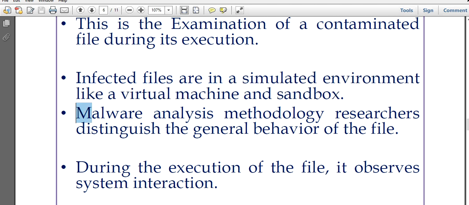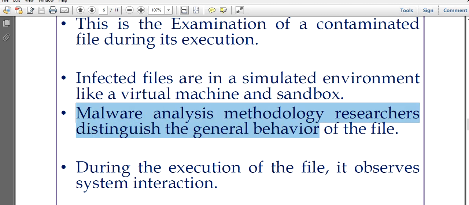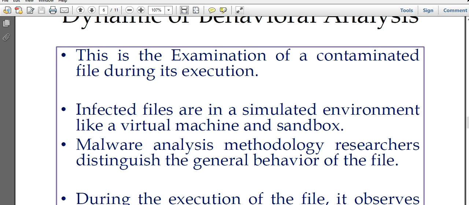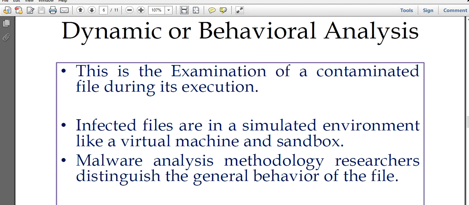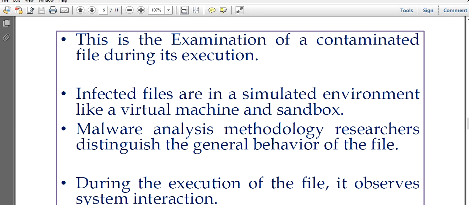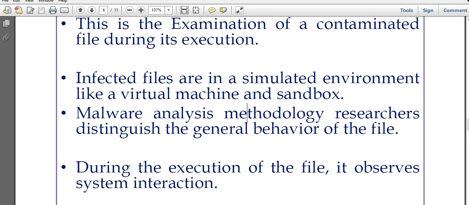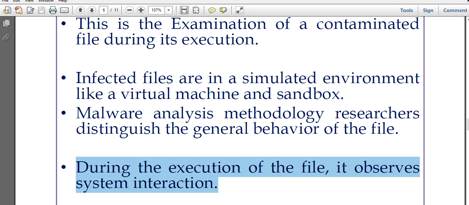Researchers distinguish the general behavior of the file during this simulation time in the virtual machine that we have created for this type of analysis. So you may note down that a virtual machine is very much needed for dynamic or behavioral analysis. During the execution of the file under investigation, this methodology observes the system interaction of that file.